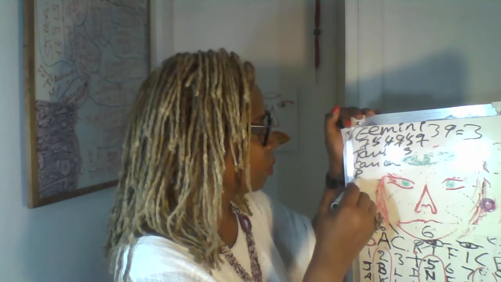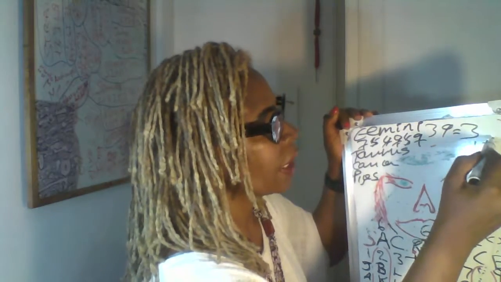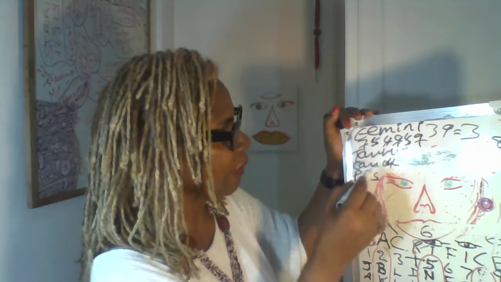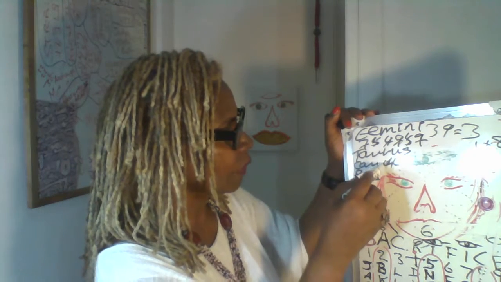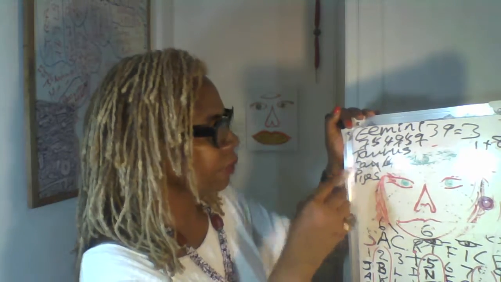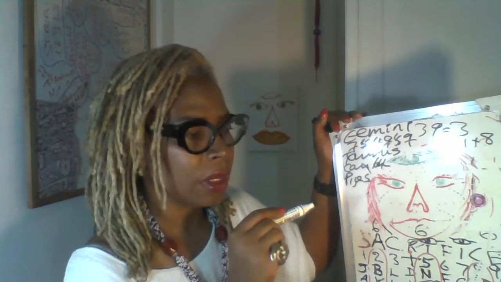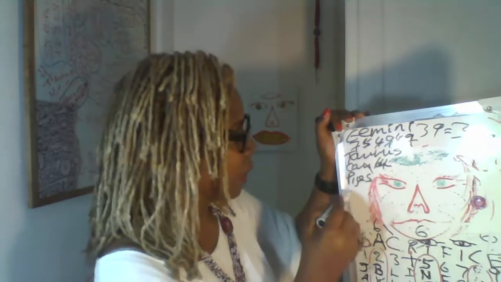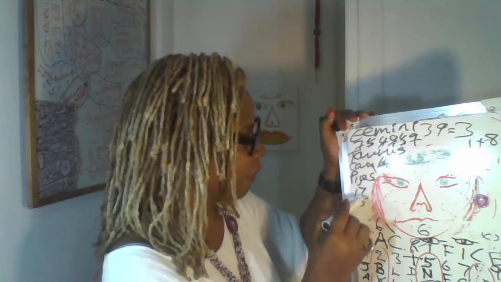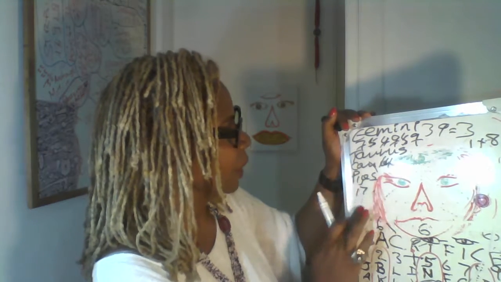Pisces is 8. Let's do Pisces. Pisces is 8 plus 8. And Cancer, let's just do this again. That's 9 and 5, 14, 15, 16, 17, and 5 would be 20. 17 and 5 and 4 would be 9.